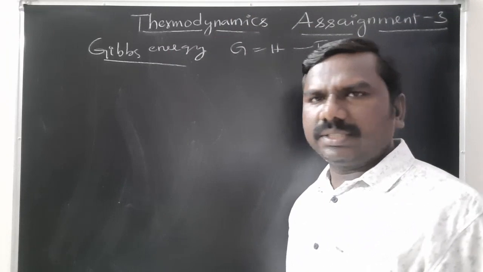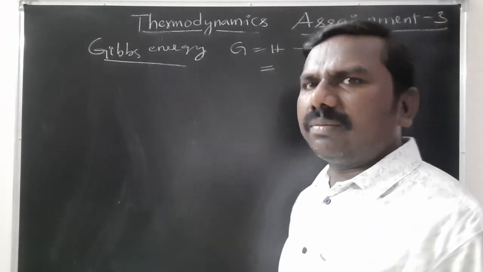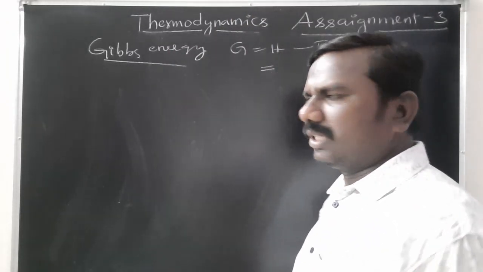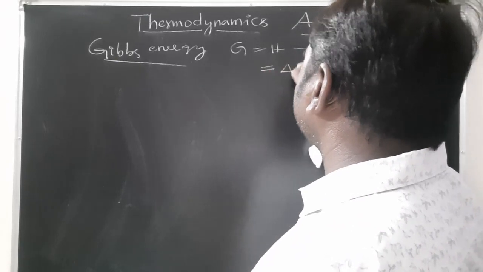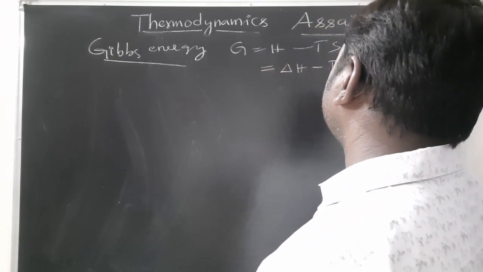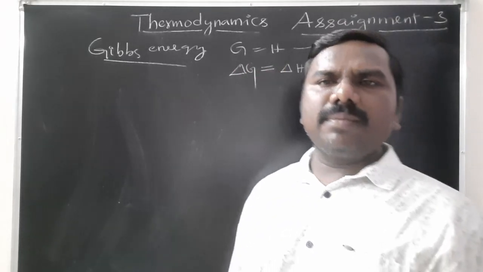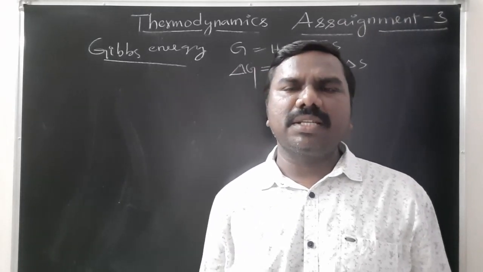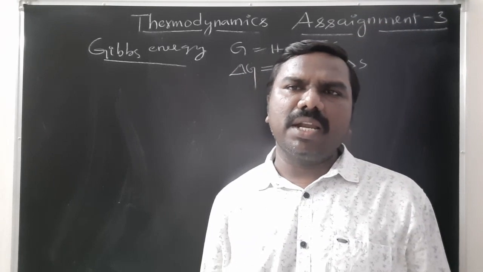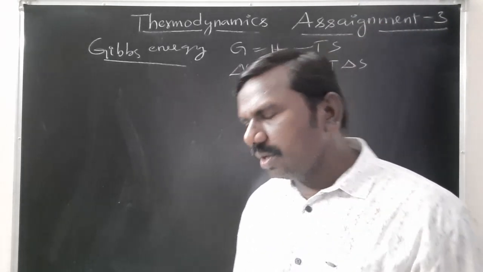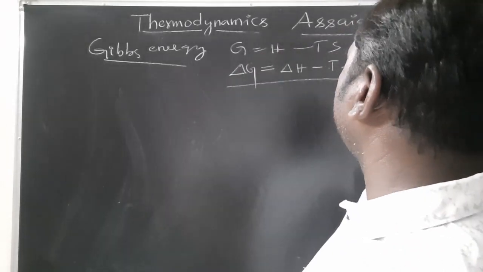So the useful work done by the system is called Gibbs energy. So delta H minus T delta S, that is delta G, change in Gibbs energy. Standard means the change in Gibbs energy under standard conditions is called standard change in Gibbs energy. Right? This is the formula, very important.